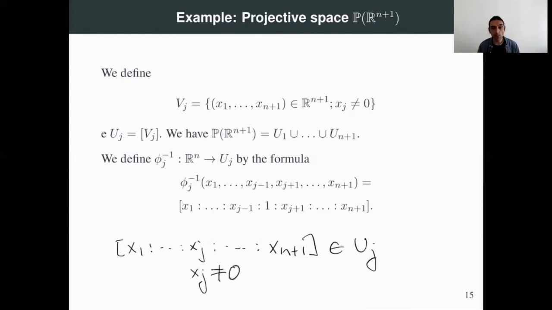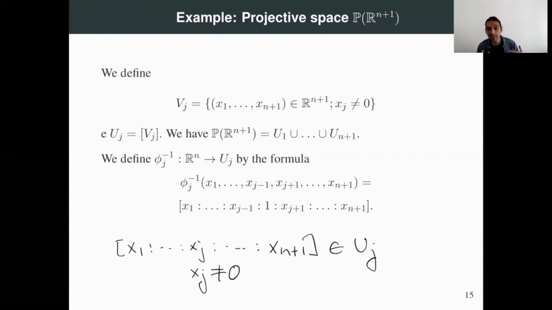And it doesn't matter what representative we choose, because the other representatives are obtained by multiplying this one by some real number different than 0. So the fact of whether or not the coordinate of index j is 0 is independent of the choice of the representative. So that's the property that the elements of U_j have.